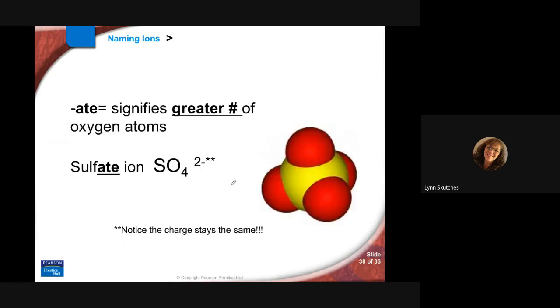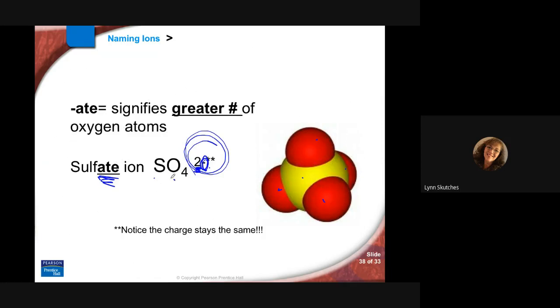There's also sulfur with 4 oxygens. It also has a -2 charge, but this time we call it sulfate. Okay, so ite means fewer oxygens, ate means more oxygens. It's a dumb way to remember it, but it works for me. Okay, the cool thing is they're always negative. The cool thing is they both have the same numeric charge.